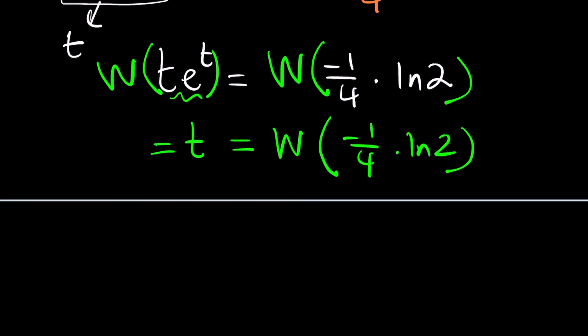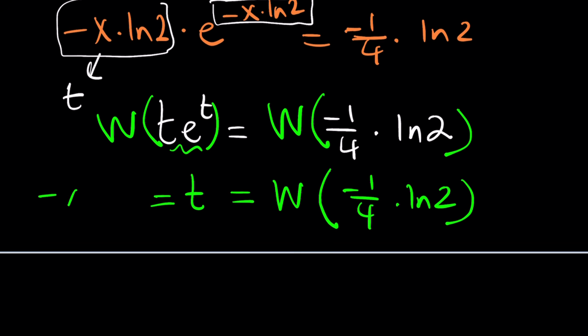Now, you want to get the value of t because t is equal to -x ln 2. And of course, once you solve for t, you're going to be able to solve for x from this equation. But the million-dollar question is, what is this equal to? So that's what we need to figure out.